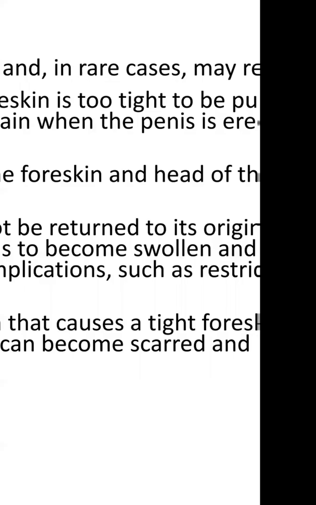It is a really simple procedure. We just remove the foreskin with scissors, and we stop any bleeding by cauterization, and we stitch the remaining skin.